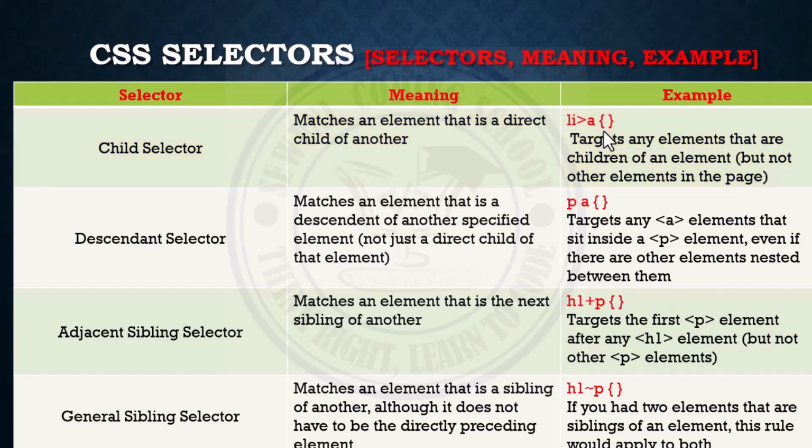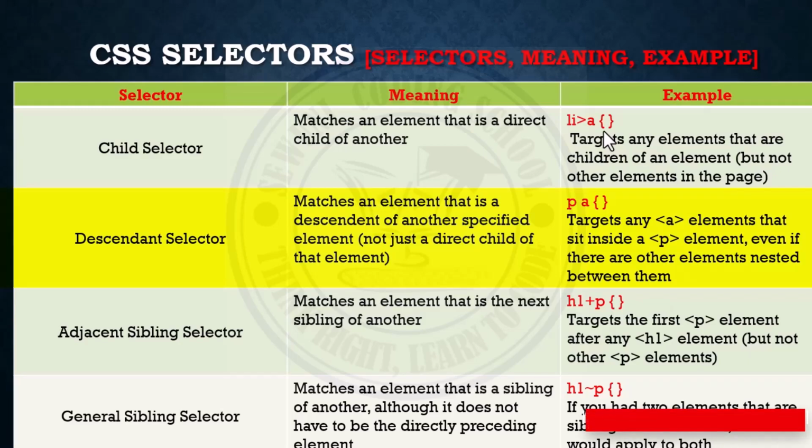Apart from the child selector, we also have the descendant selector. This matches an element that is a descendant of another specified element, not just a direct child of that element. For example, inside the paragraph there's a descendant, which is an anchor.